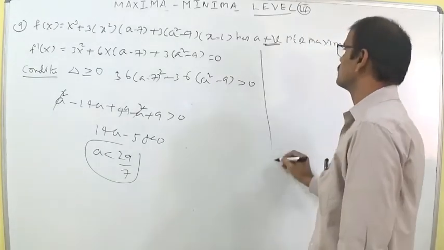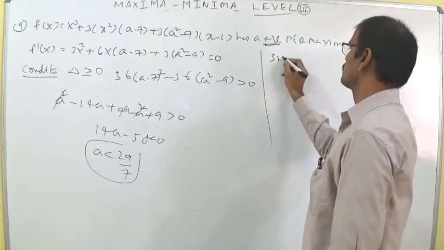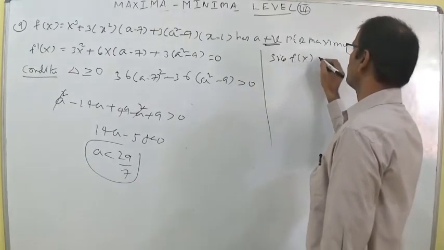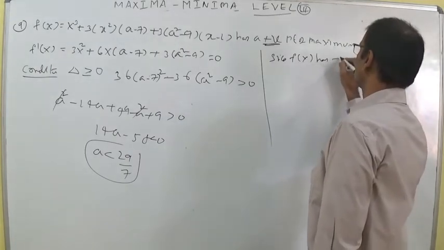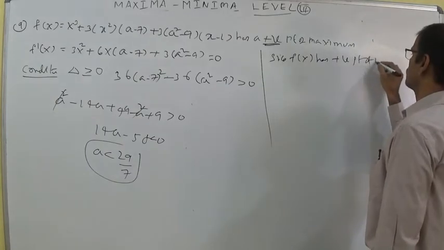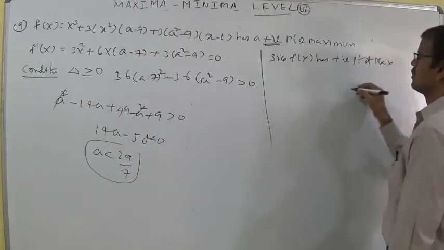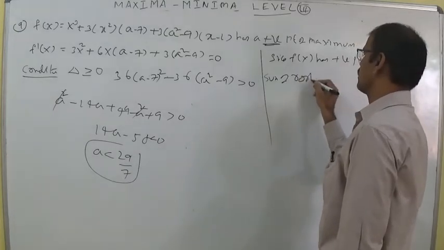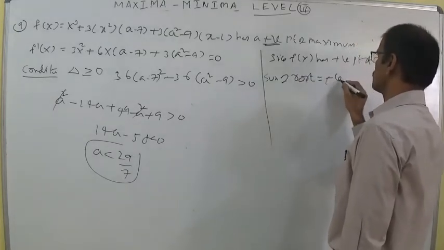Since f(x) has a positive point of maximum, I am also writing the sum of roots. The sum of roots is equal to positive.